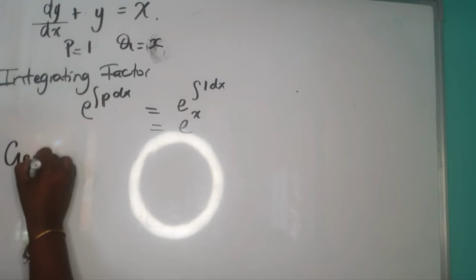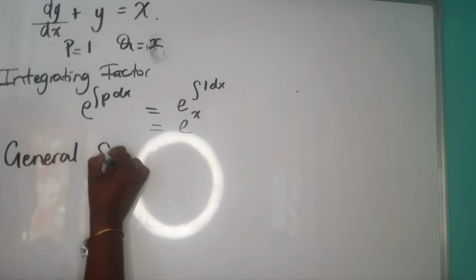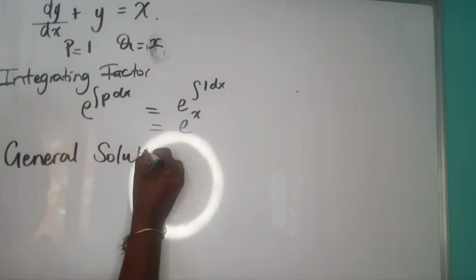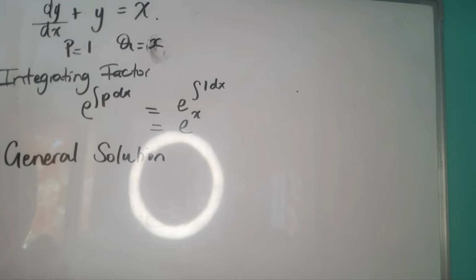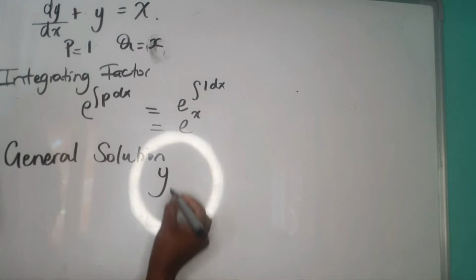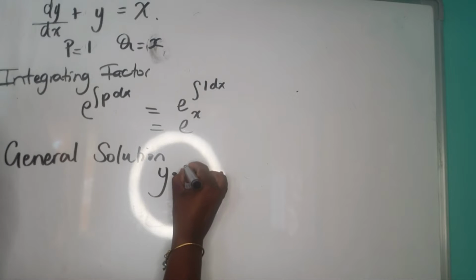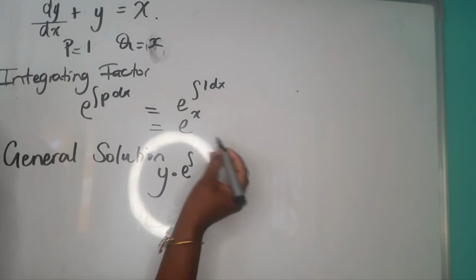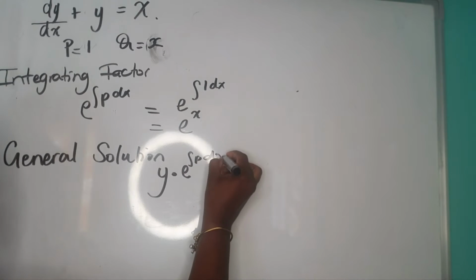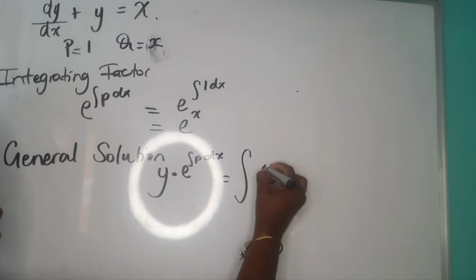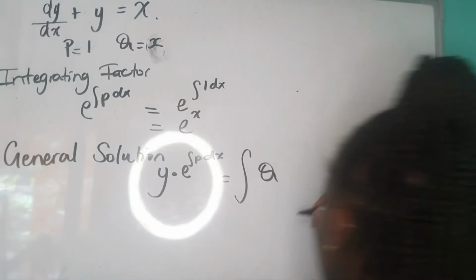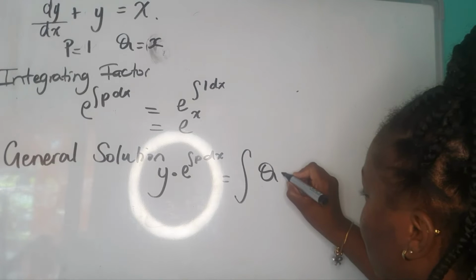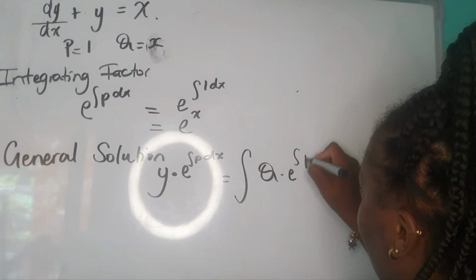Now, the next step is to write our general solution, and our general solution takes the form of y times the integrating factor, which is equal to the integral of q times the integrating factor.